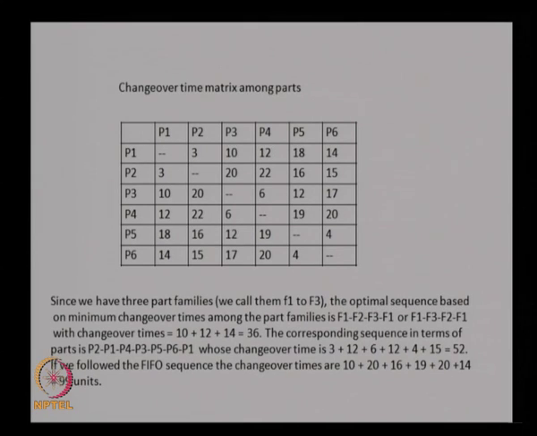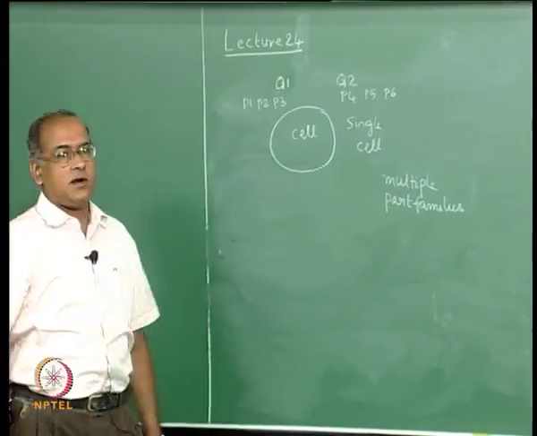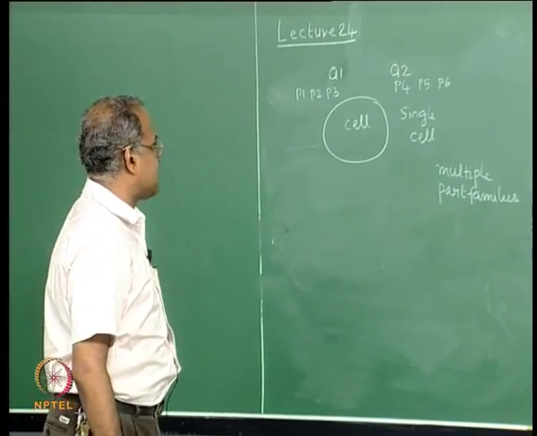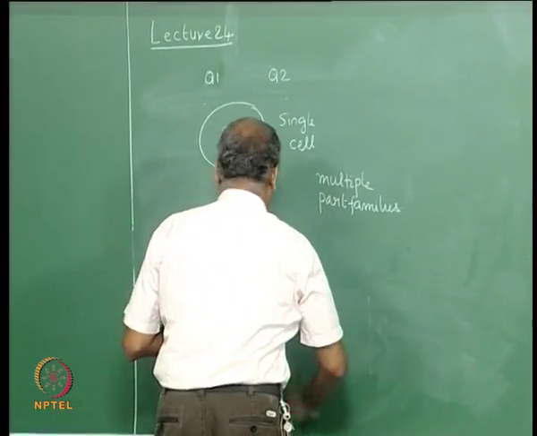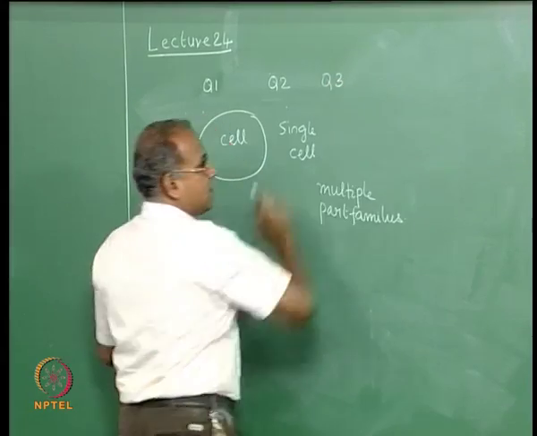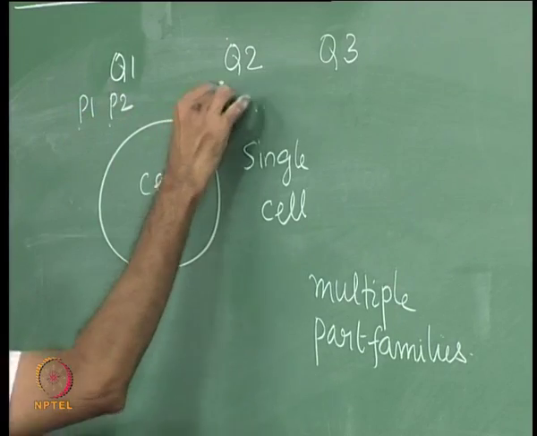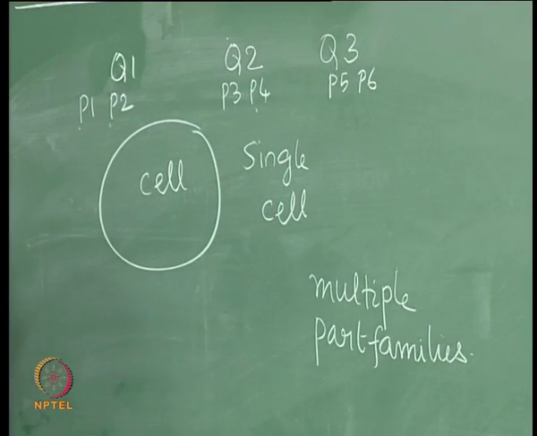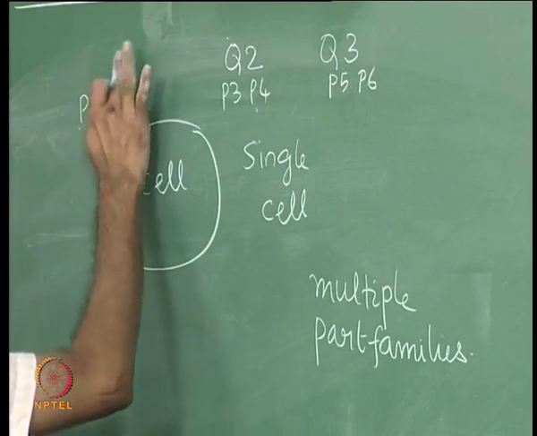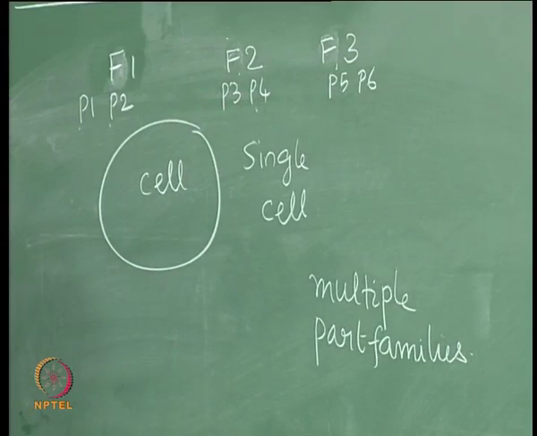Now if we look at this, we actually have a 6 by 6 matrix with P1 to P6 as 6 parts, and let us say there are 3 part families which we call Q1, Q2, Q3, and this contains P1, P2, this contains P3, P4, this contains P5, P6. In the matrix notation we have used F1, F2 and F3 as the 3 families which this cell is processing.